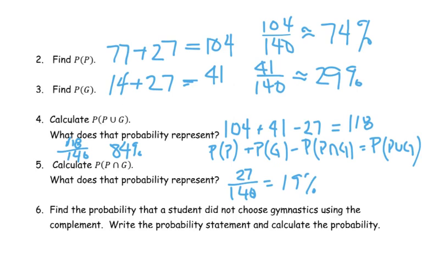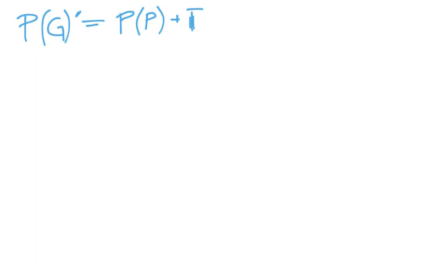Well, the probability that they did not choose gymnastics, which is denoted by the apostrophe up there, is a probability that they chose photography and they didn't choose anything, which would be the probability of the union G that they did not choose.